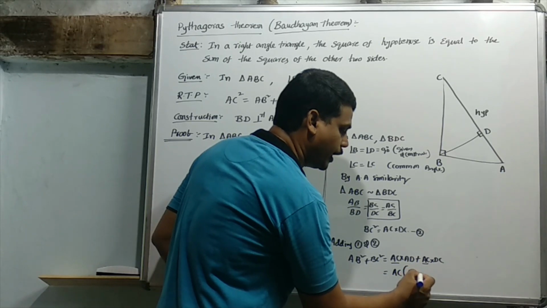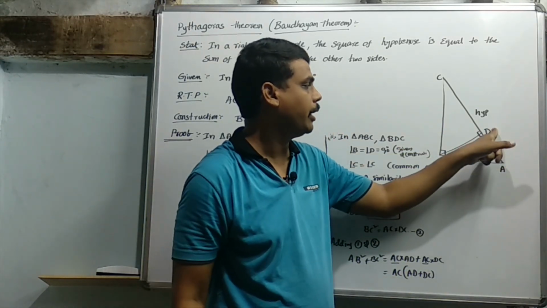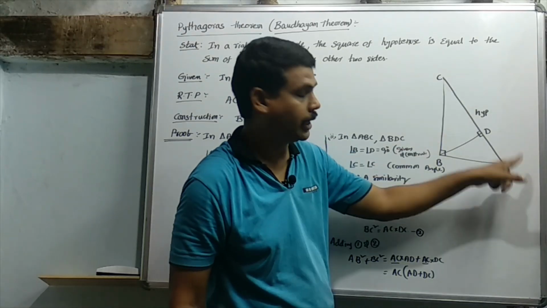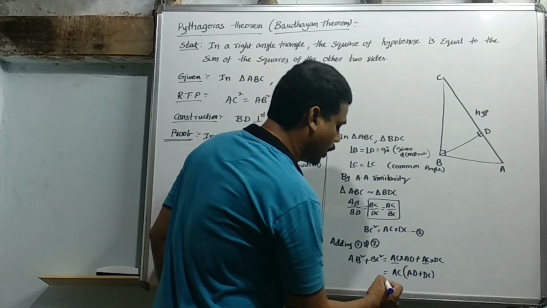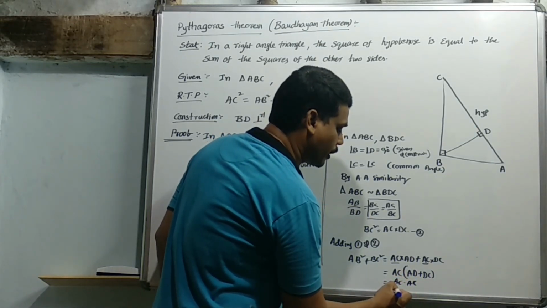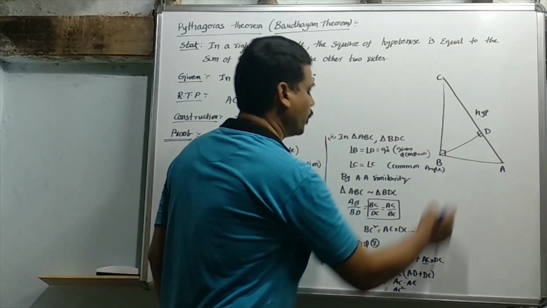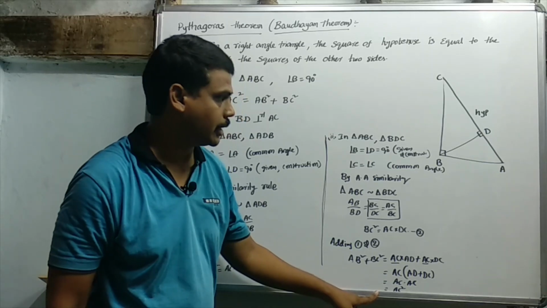So it is nothing but AD plus DC. Once you observe in this triangle, AD plus DC is nothing but AC. So you take AC into AC, which is nothing but AC square. So you conclude that AB square plus BC square is equal to AC square.